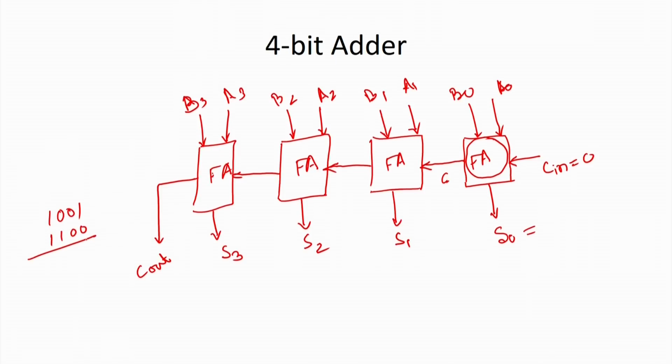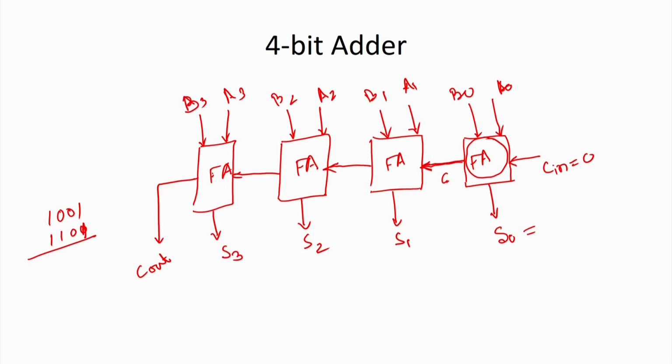In that particular case, the second full adder cannot perform its job immediately as soon as I am giving A1 and B1. It needs to wait for the stable output in the carry out of the first full adder. Once we get the stable output, then only this second full adder can perform its job.